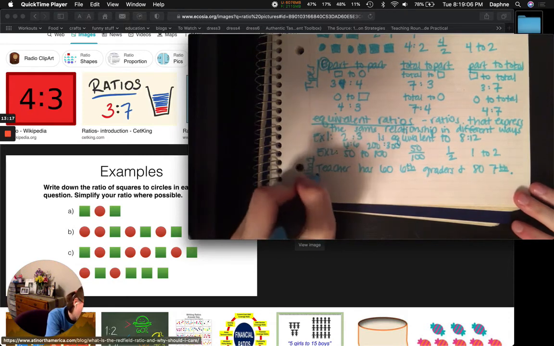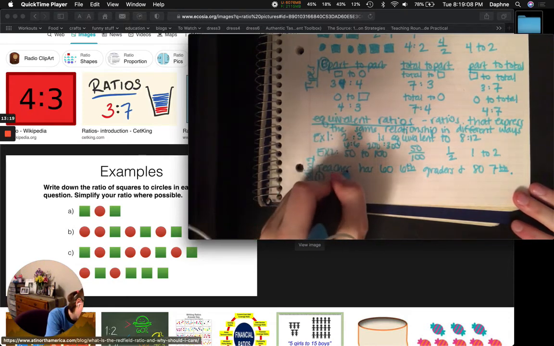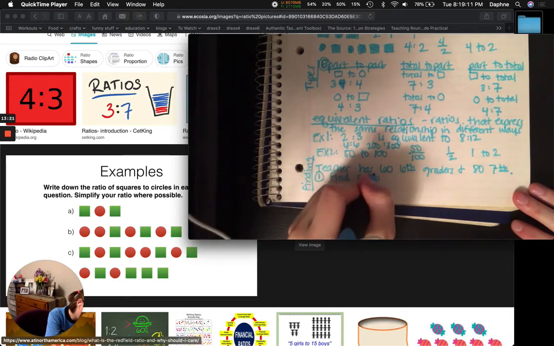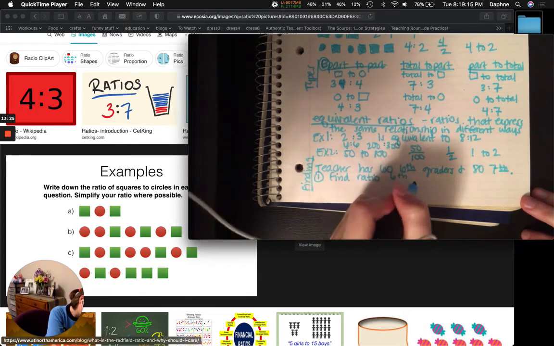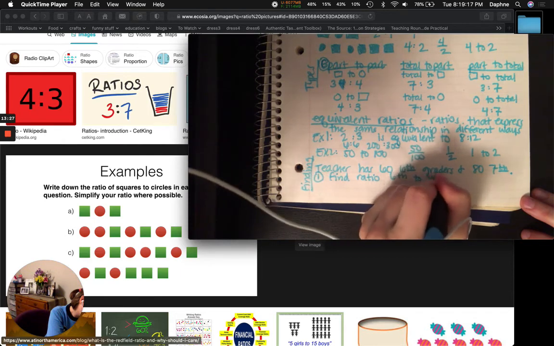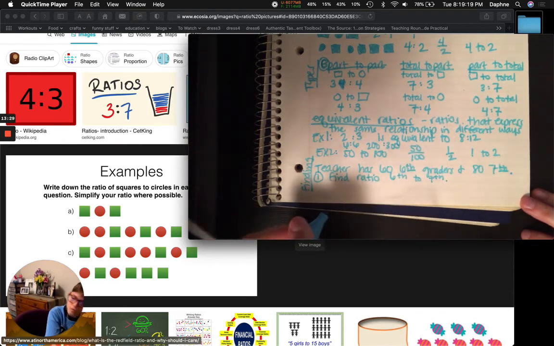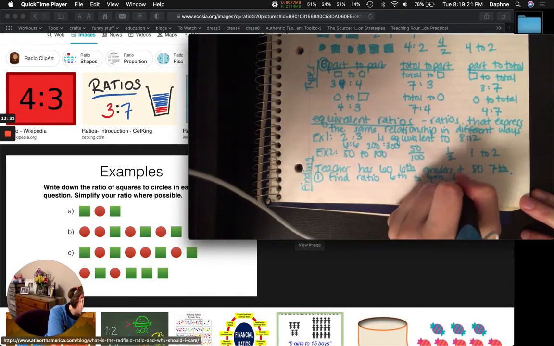Now we're going to find the ratio of 6th graders to 7th graders, and we're going to simplify it.